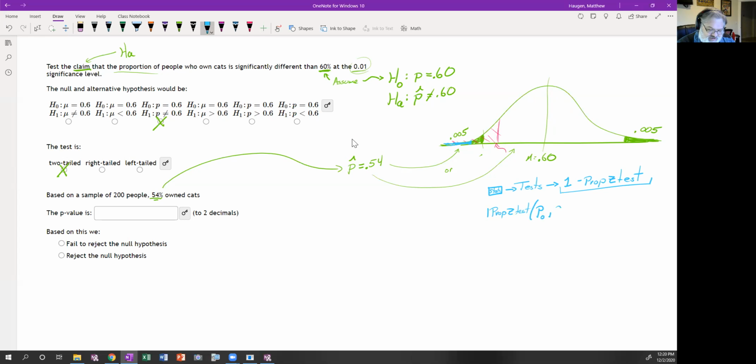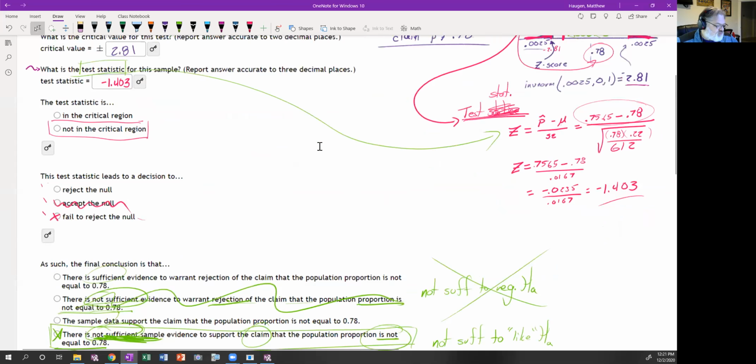It wants x, it wants n, and it wants to know whether it's two tail, left tail, or right tail. So tail type. So what's our null proportion? It's 0.60.